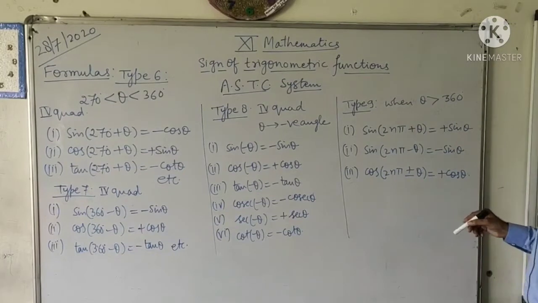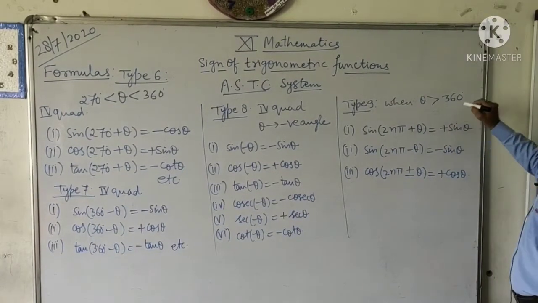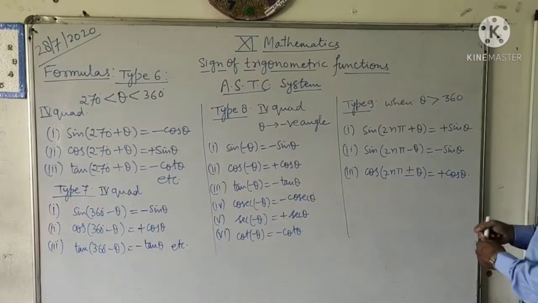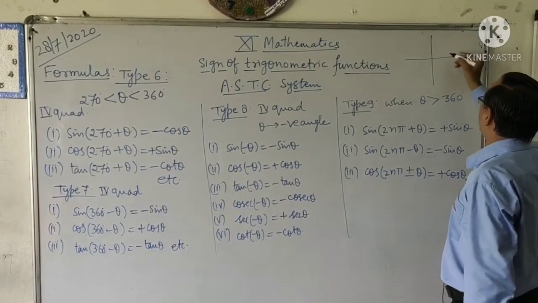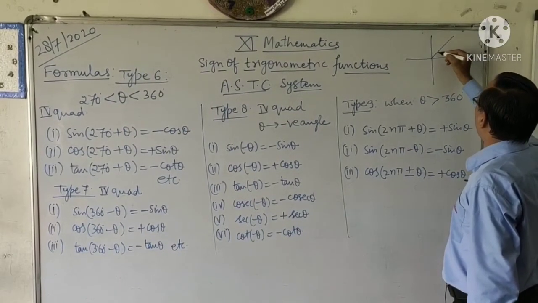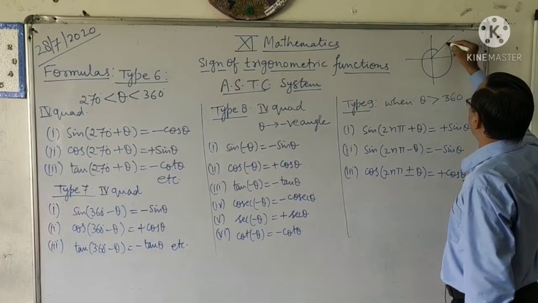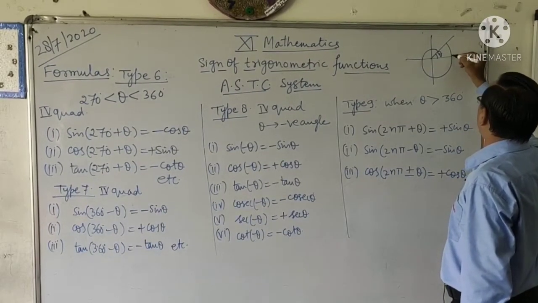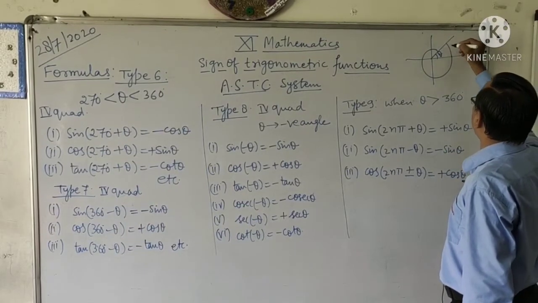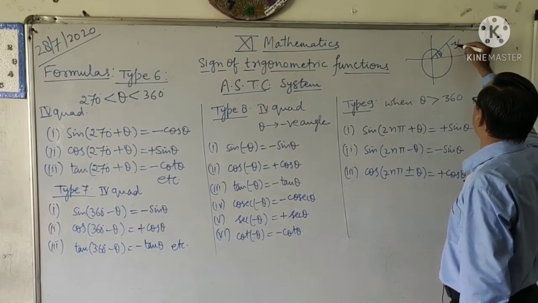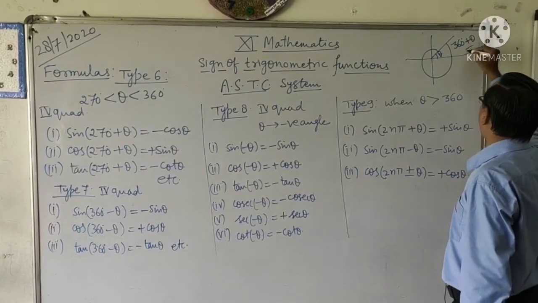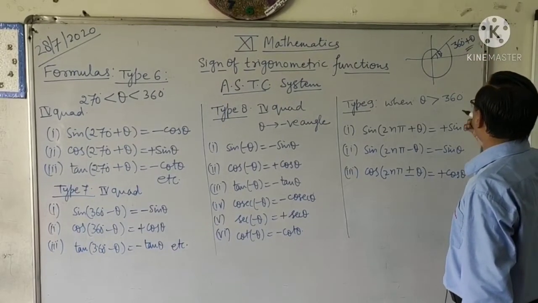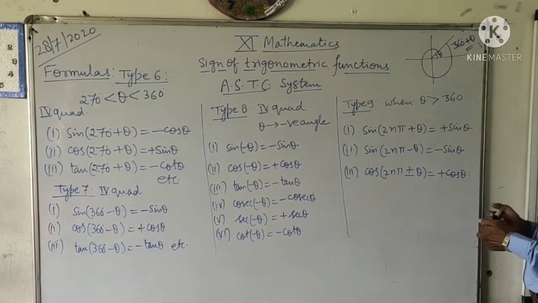Now is type 9. When theta is more than 360 degrees, it means the angle is more than 360 degrees, one round complete. There is angle theta, right? So here one round is complete. It is 360 degrees plus theta, or it is also called 2n pi plus theta.